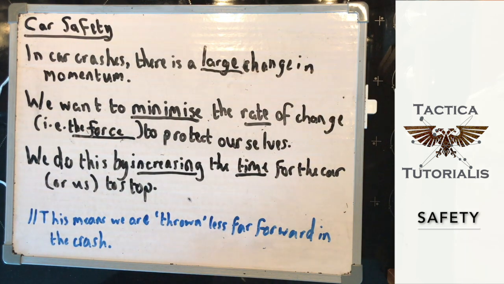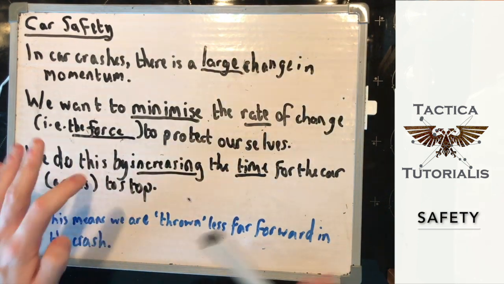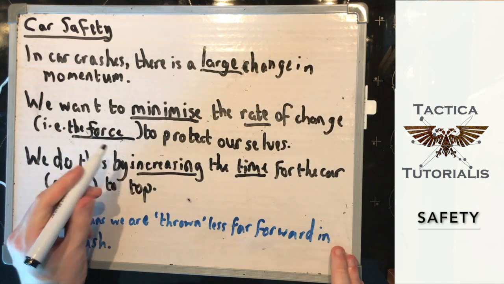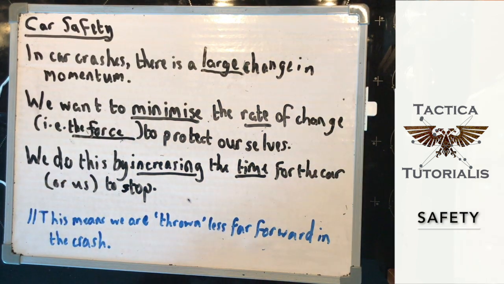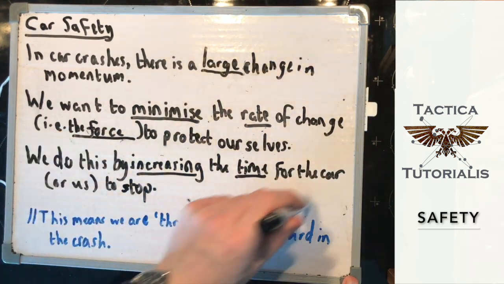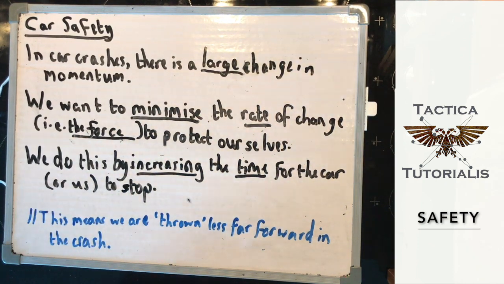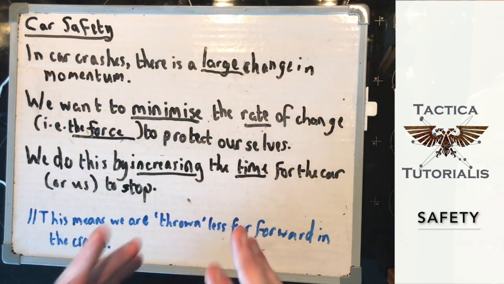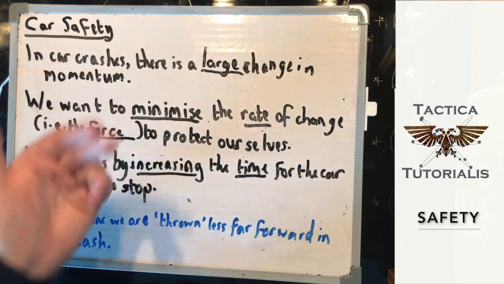Now, the very obvious implication of this, and something that's very easy to assume, is that the force is applied to the car, obviously, and it's also applied to us. Now, that's actually not quite the case. There's a slight difference going on, and you see this every time a car gets its brakes slammed on.